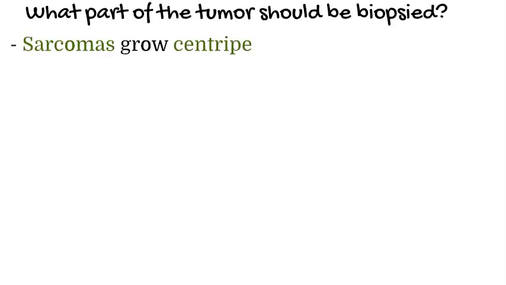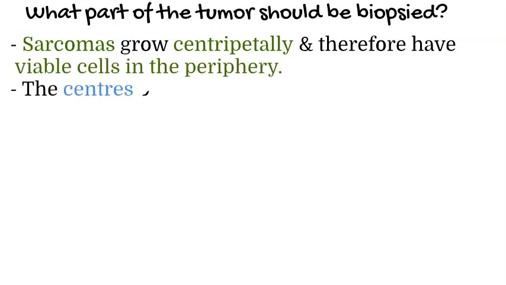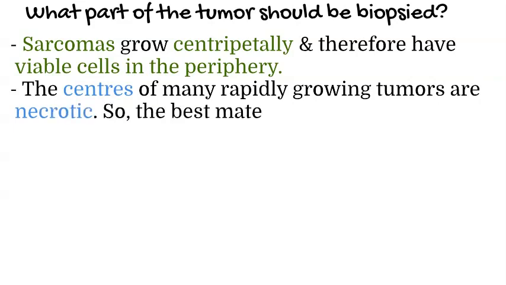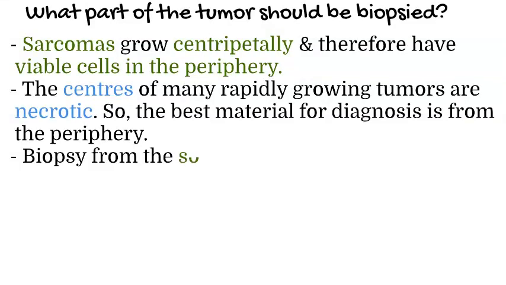What part of the tumor should be biopsied? Sarcomas grow centripetally and therefore have viable cells in the periphery. The centers of many rapidly growing tumors are necrotic. So the best material for diagnosis is from the periphery.